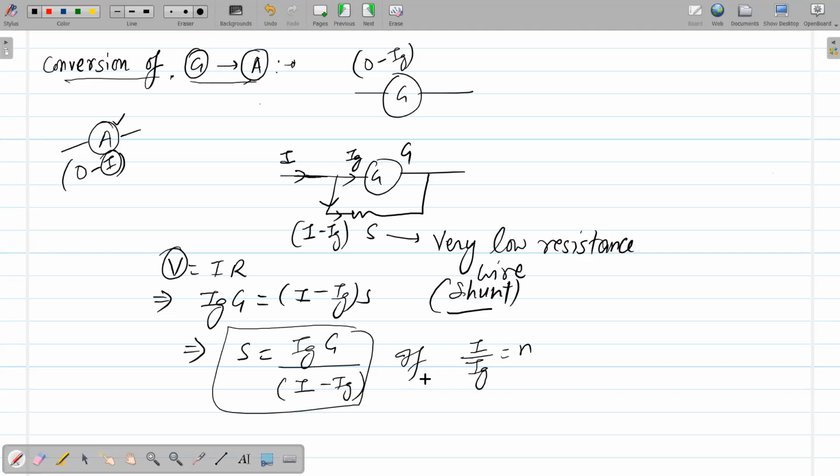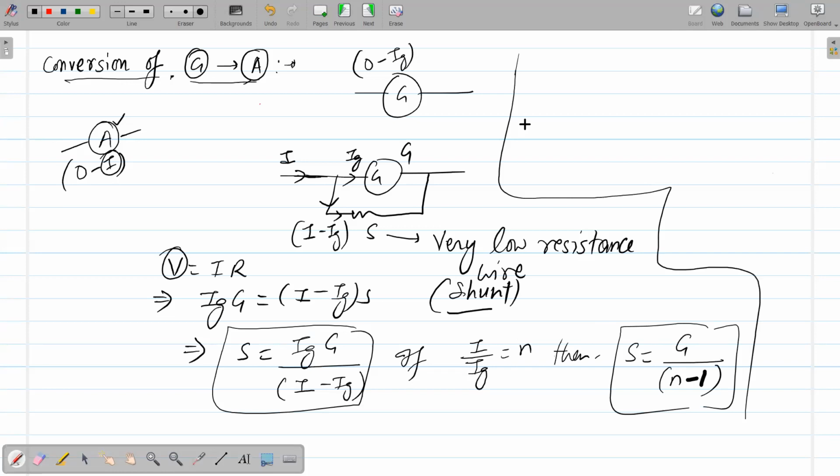Suppose the galvanometer has current range 2 microampere, and you want to make an ammeter which has 1,000 times the current range of the given galvanometer. In that case you will have n as 1,000, right? So you can see the formula for S will come out in that case as G by n minus 1. G will always be given to us, right, everyone? So this is one case.